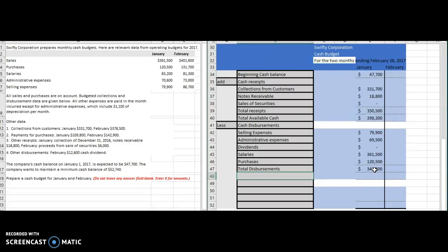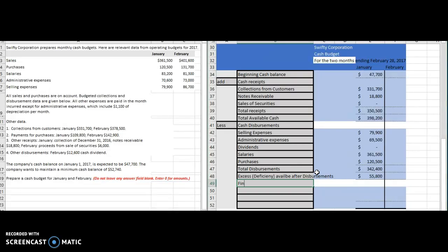And we're going to subtract this $342,400 from this $398,000, and that will give us our excess or deficiency available after disbursements. That's a big fancy way of saying what's left after your expenses and disbursements, which after you subtract that out, you get $55,800.